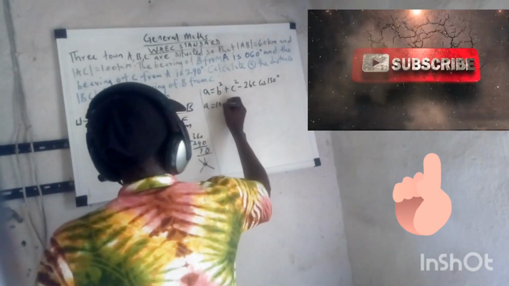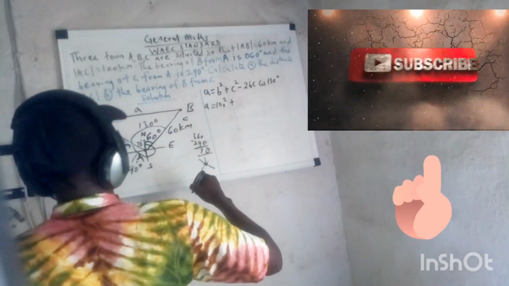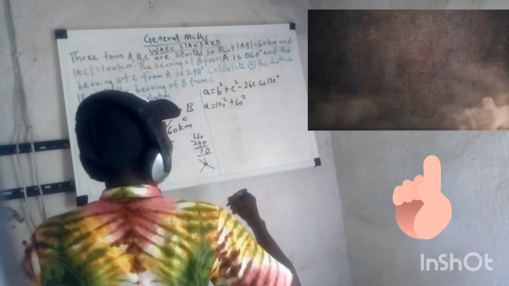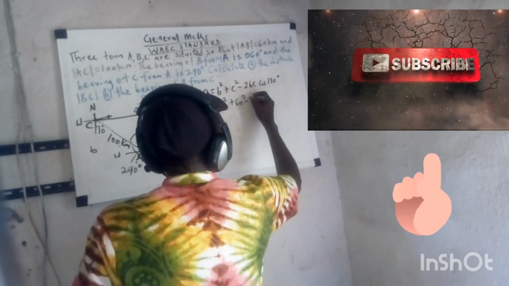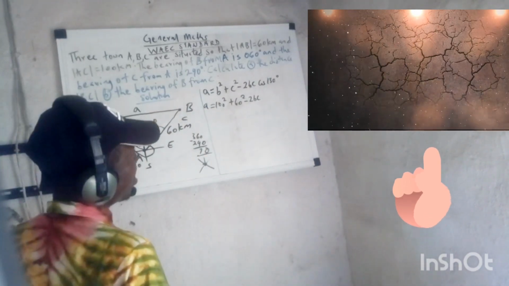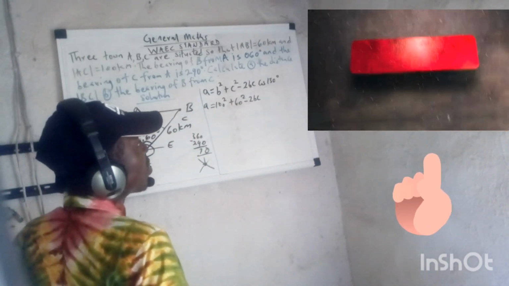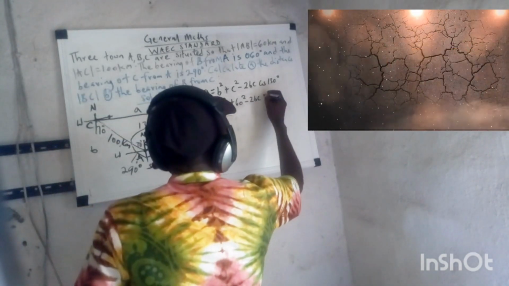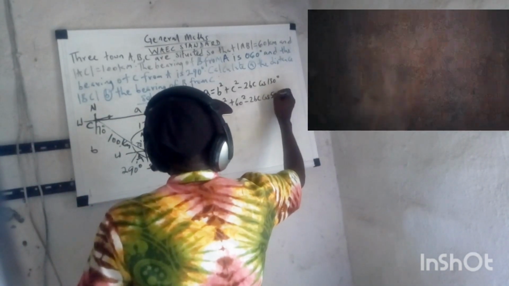B is 100 squared, C is 60 squared, minus 2BC. 130 is in the second quadrant, so you have to subtract it from 180. 180 minus 130, you get cos 50 degrees.